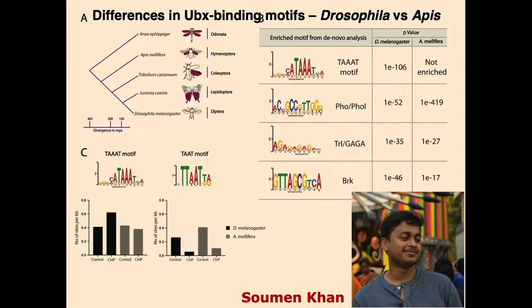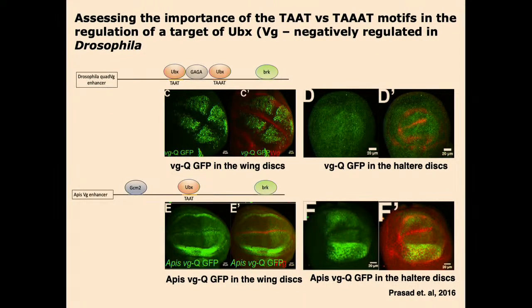Now, we experimentally tested this across two or three different genes. One of them I'm showing as an example. Here is a gene called vestigial, which is required for wing development. What UBX does is suppress this gene's expression in the halter so that wing development is suppressed.